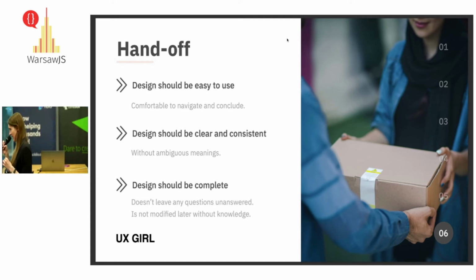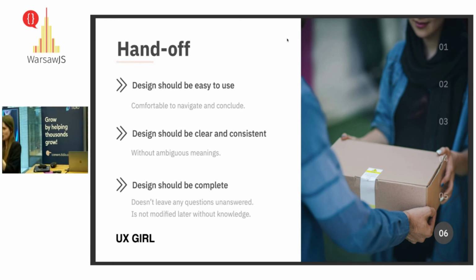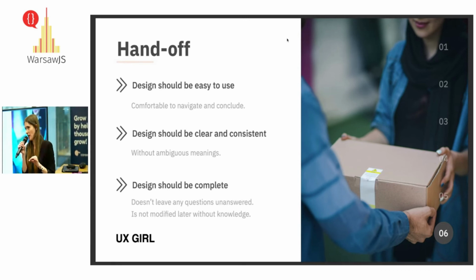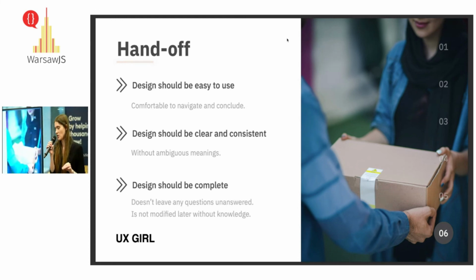And the last thing is that the design should be complete. This means that when you look at the design, there are no questions unanswered. My great tip for that is, when you are creating screens and you feel that they need a little more documentation, just put small comments near the screens for your developers to read afterwards.